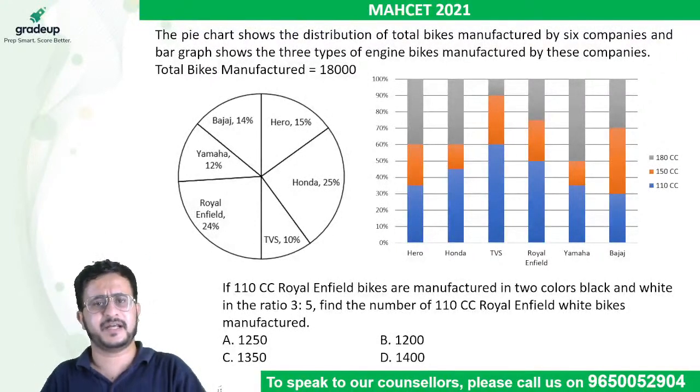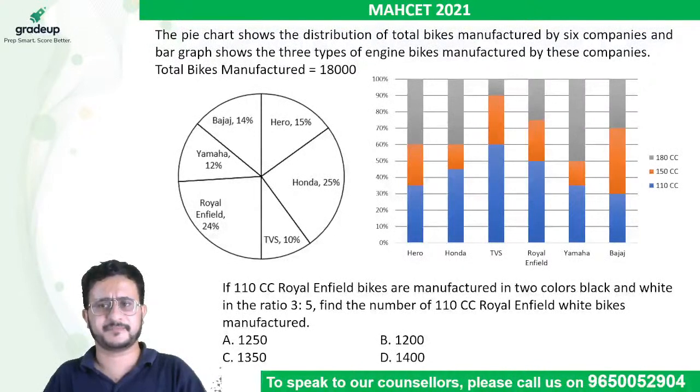So now this is a difficult kind of graph, right? Wherein double graphs are given. Okay, sometimes they give you double graphs. Those are difficult ones generally.